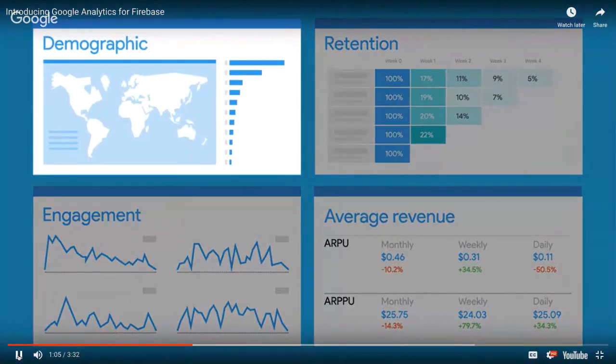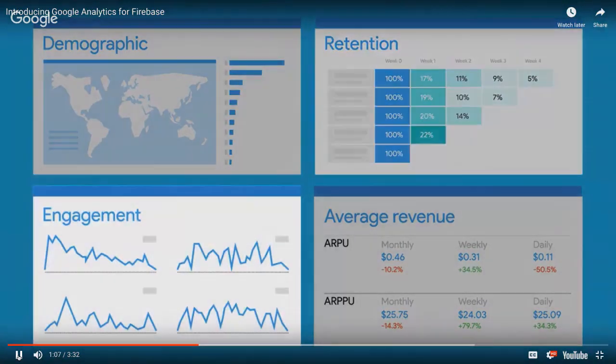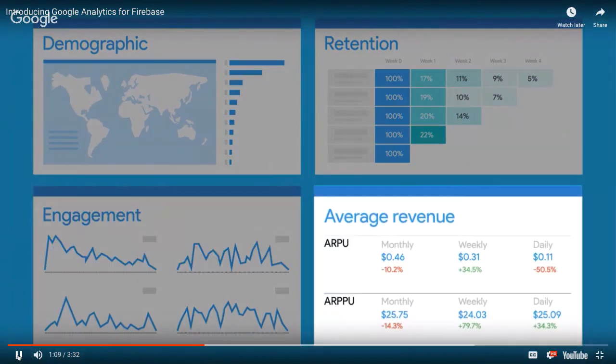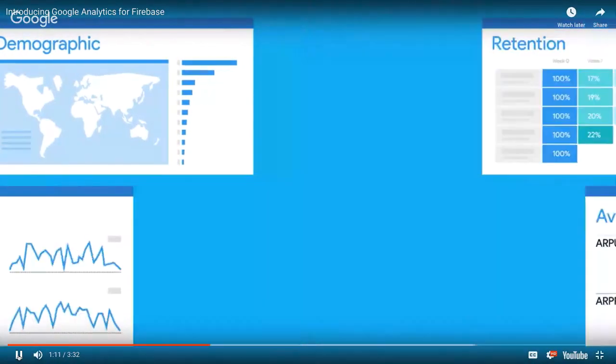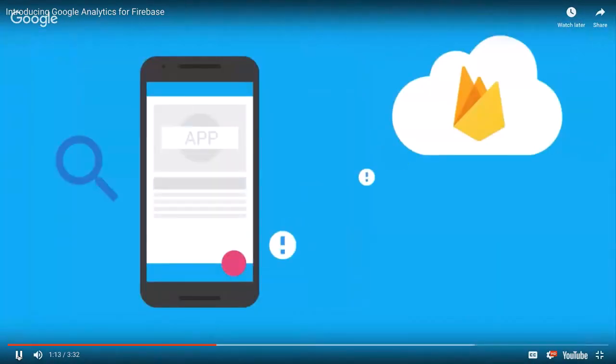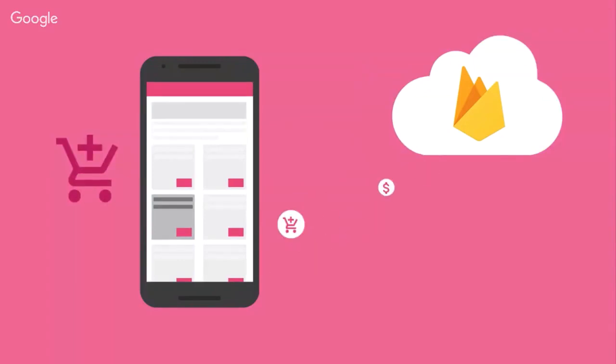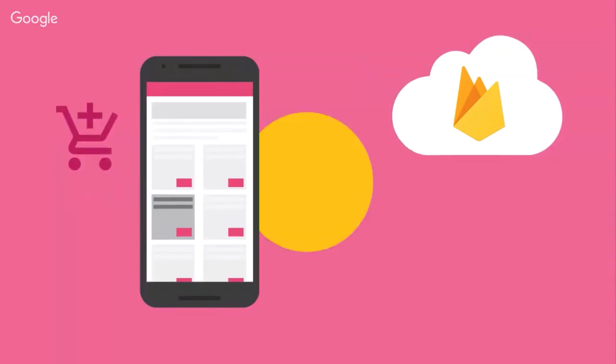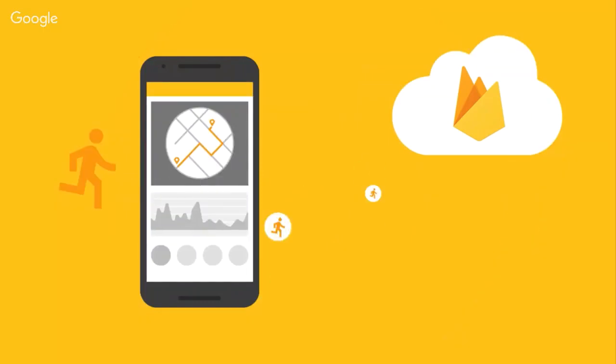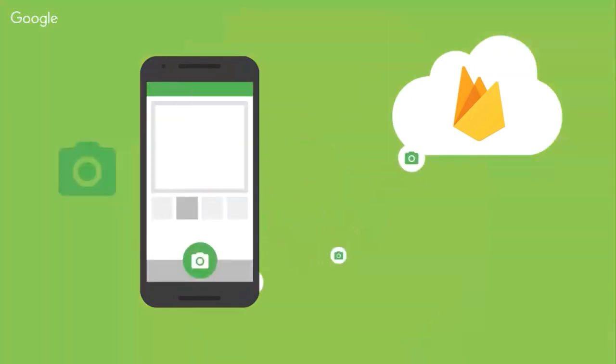Information on who your users are, how regularly they use your app, how much time you spend there, and how much they spend in the app. So you can get detailed information about what your users are up to by logging events specific to your app. These can include common events that Google Analytics for Firebase has already defined, like when your users add items to their cart, and then there's support for custom events you create yourself, like when your user completes a workout in your fitness app, in your photo app.